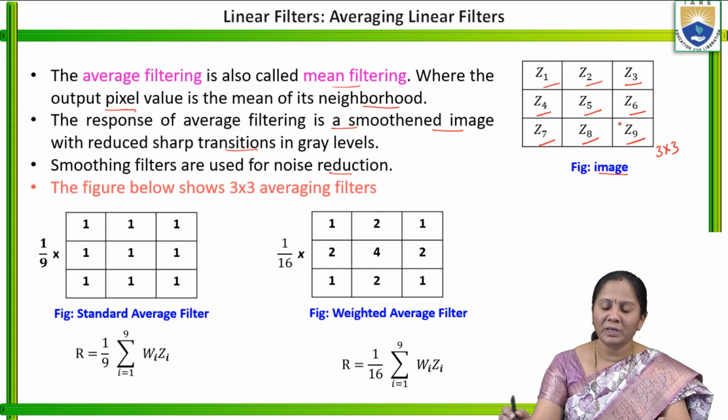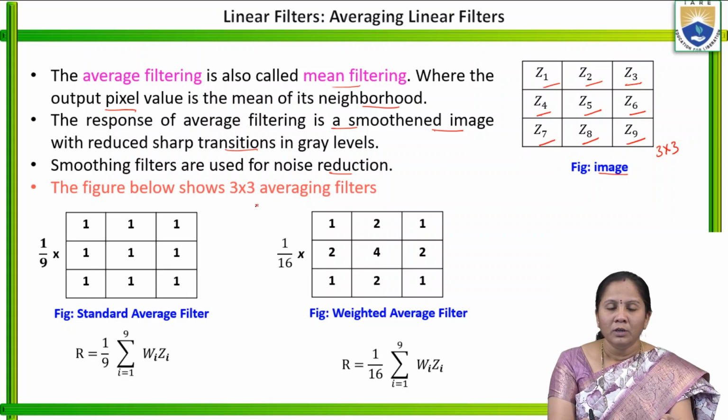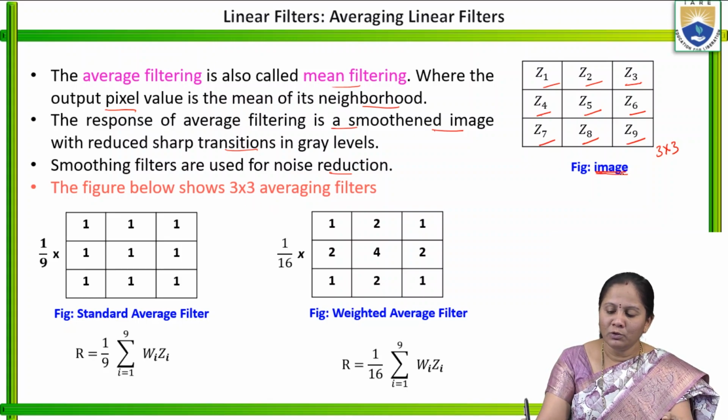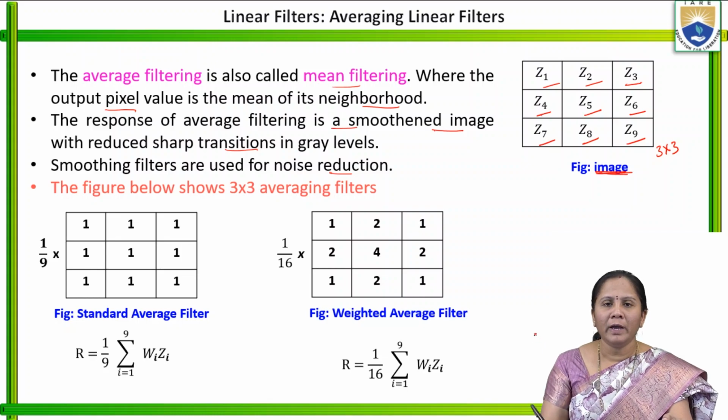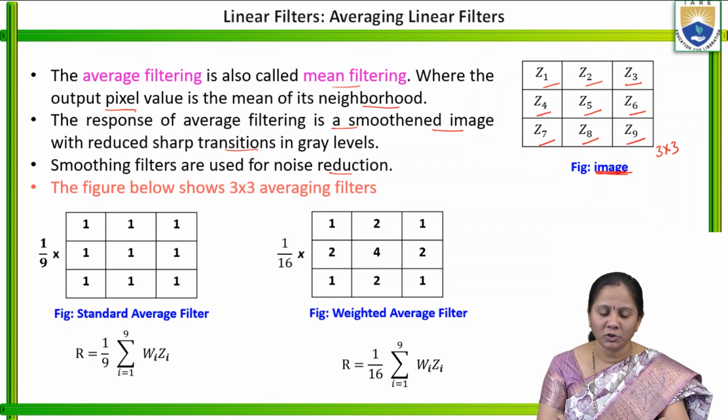The total number of pixels in this image is 9. These are the pixel values of the image. Now we have to consider the mask that we place on this image in order to find the new output values, that is, the smoothened image.